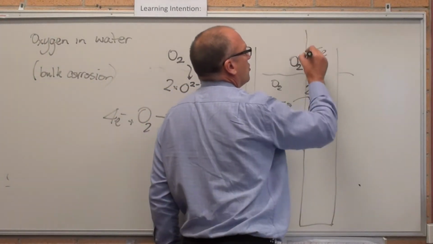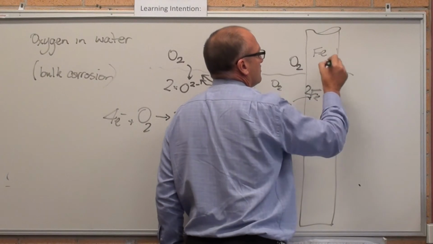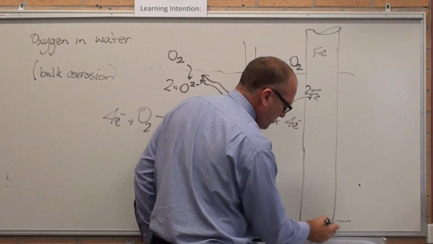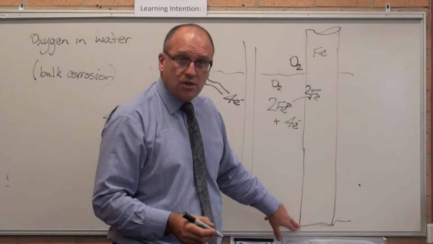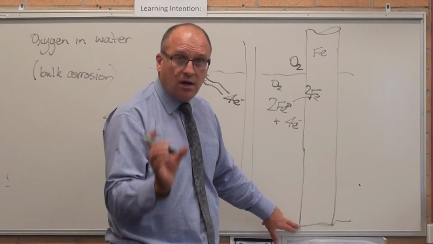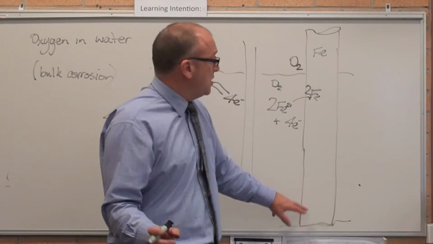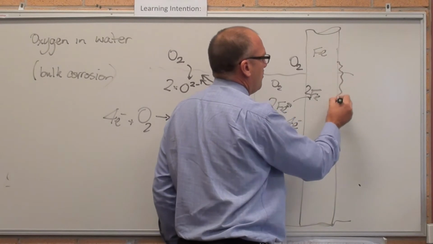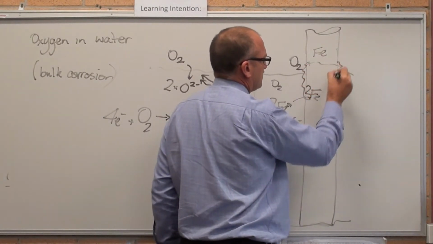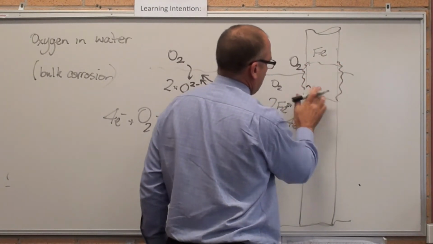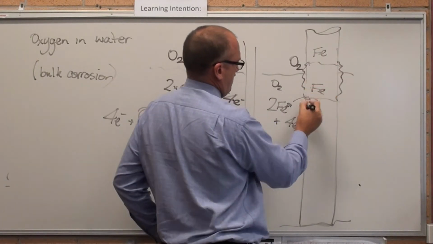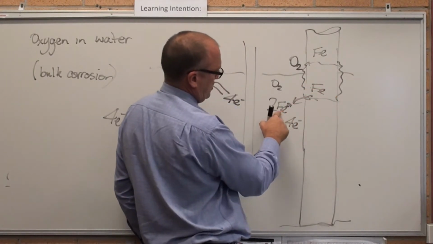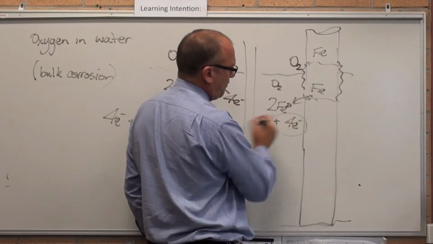If I've now got a steel pole in the water, like this could be a pile on a wharf, go to Circular Quay and have a look at the piles. You'll see they're all mainly corroded around the waterline. Why is that? The iron is dissolving into iron ions and releasing 4 electrons.